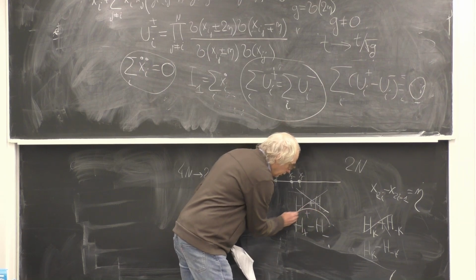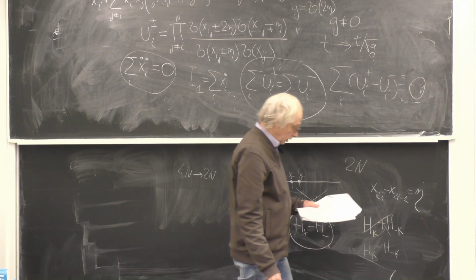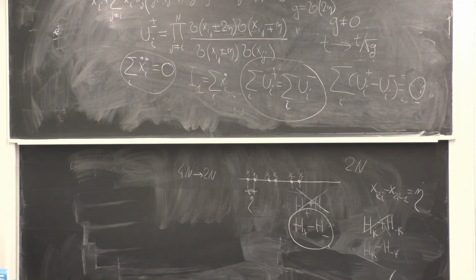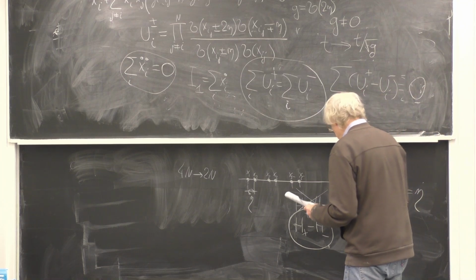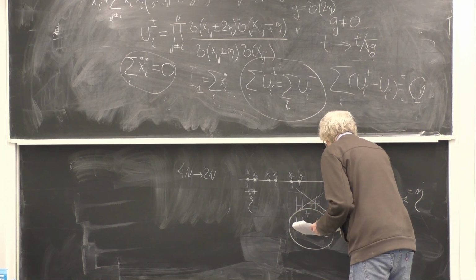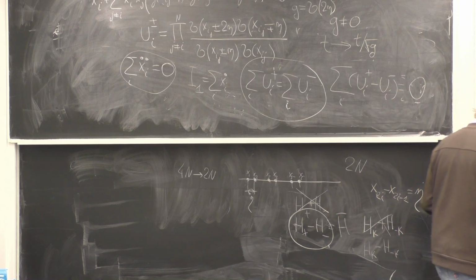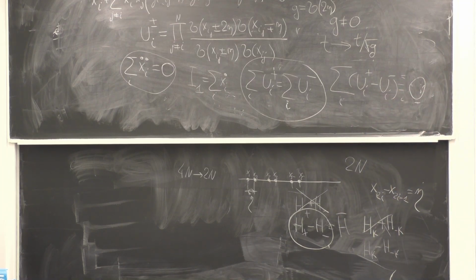So consider the flow under this Hamiltonian. Let us denote it h bar. Then the velocities are as follows.